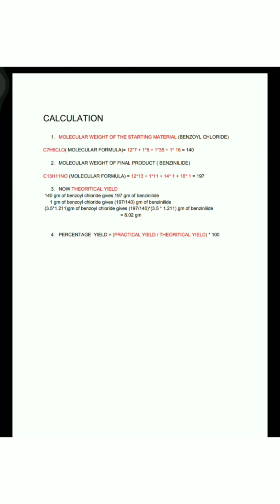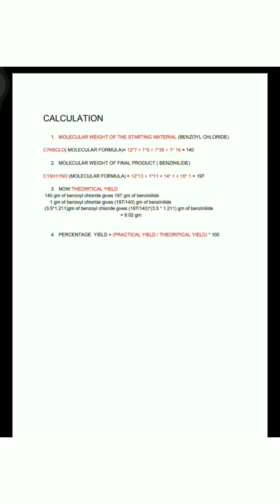For calculation of the theoretical yield, we have to find out the molecular weight of the starting material. We take it that benzoyl chloride is the starting material, which has the molecular formula C7H5ClO.